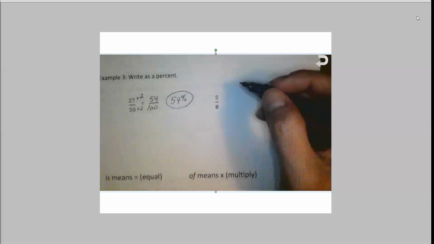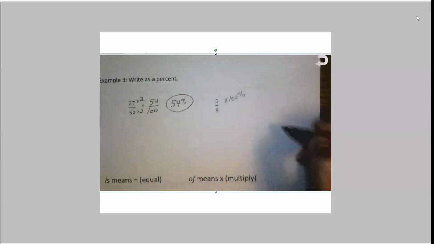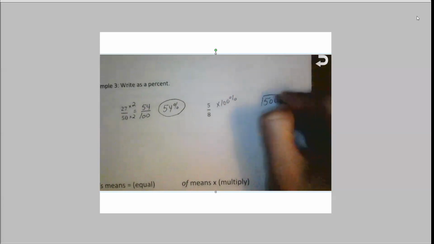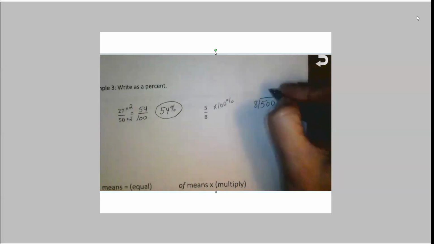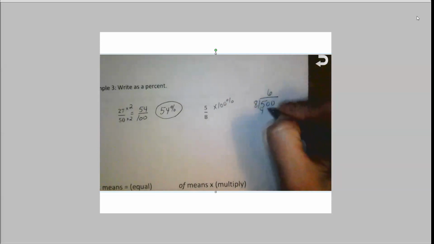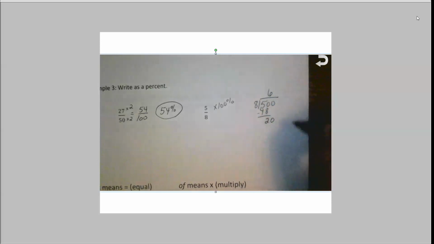So as an alternate way, remember, we can multiply by 100. That would make 500 divided by 8. 8 will go into 50 six times at 48. There's a 2. I'm going to bring down the 0. And then 8 goes into 20 twice at 16.